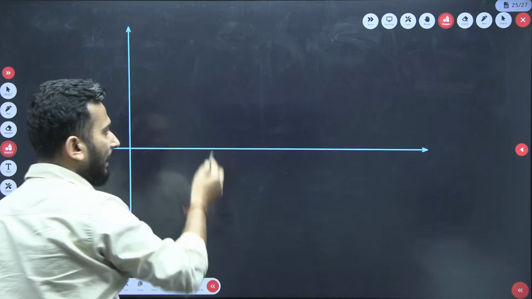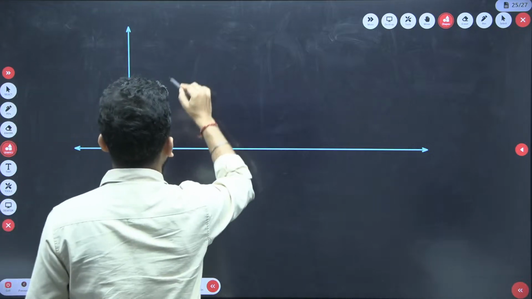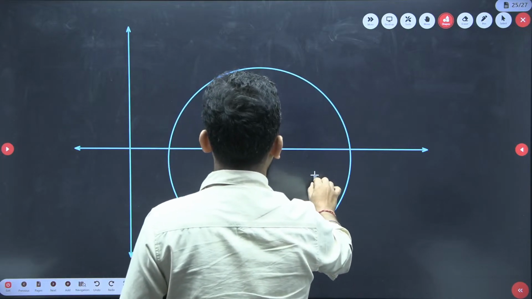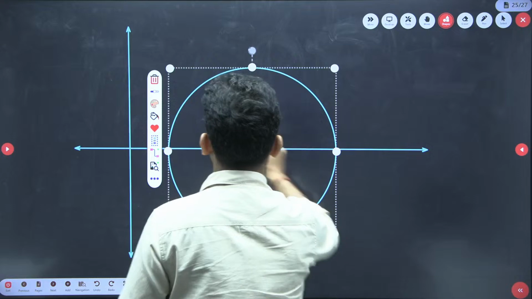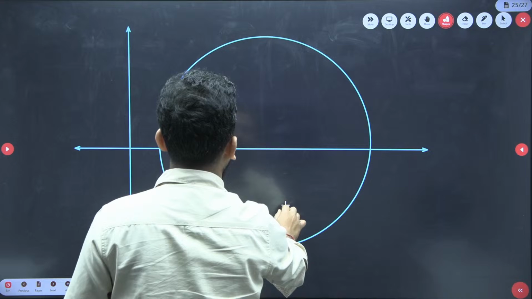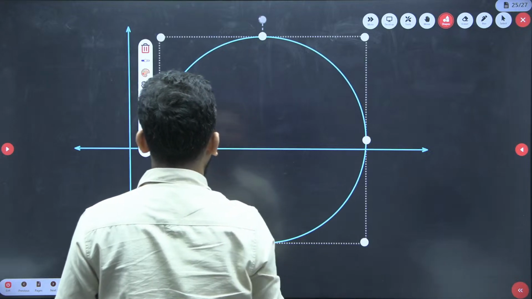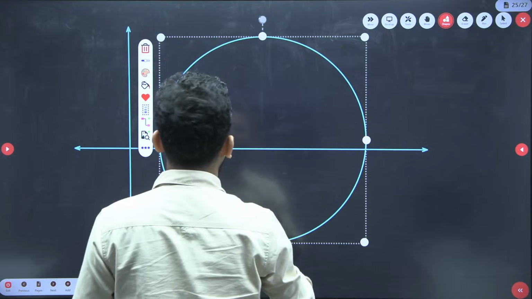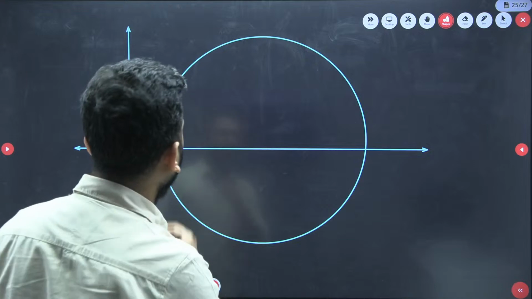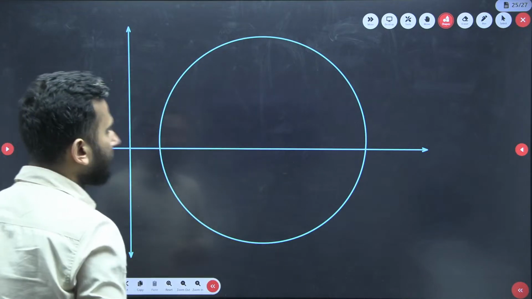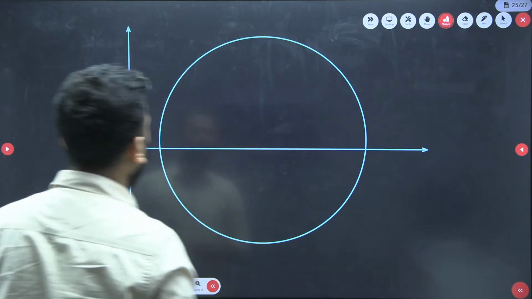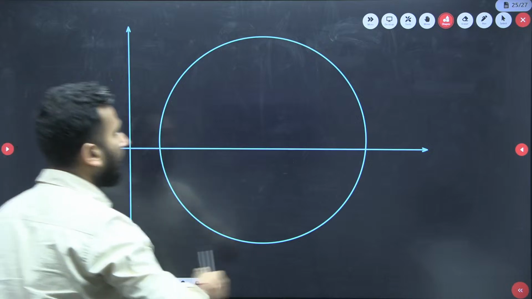So first I'm plotting the circle, and then I will show you what the things are. Is it looking okay? Although symmetry is not there, but still we have to manage with this only.